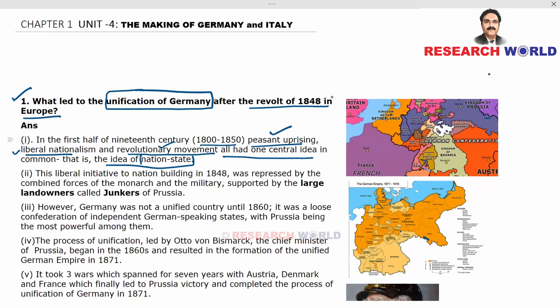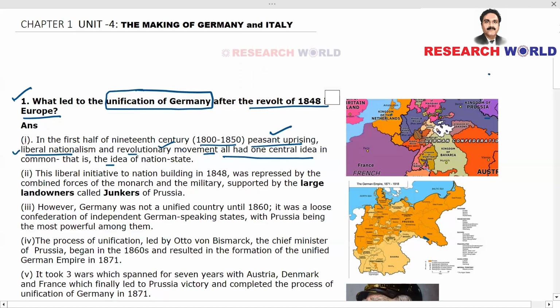So we have got 4 points: peasant uprising, liberal nationalism, revolutionary movement and nation state. Okay, so connect these points. In the first half of the 19th century, there was peasant uprising, liberal nationalistic movement and revolutionary movement, all had one central idea in common, that is the idea of nation state.